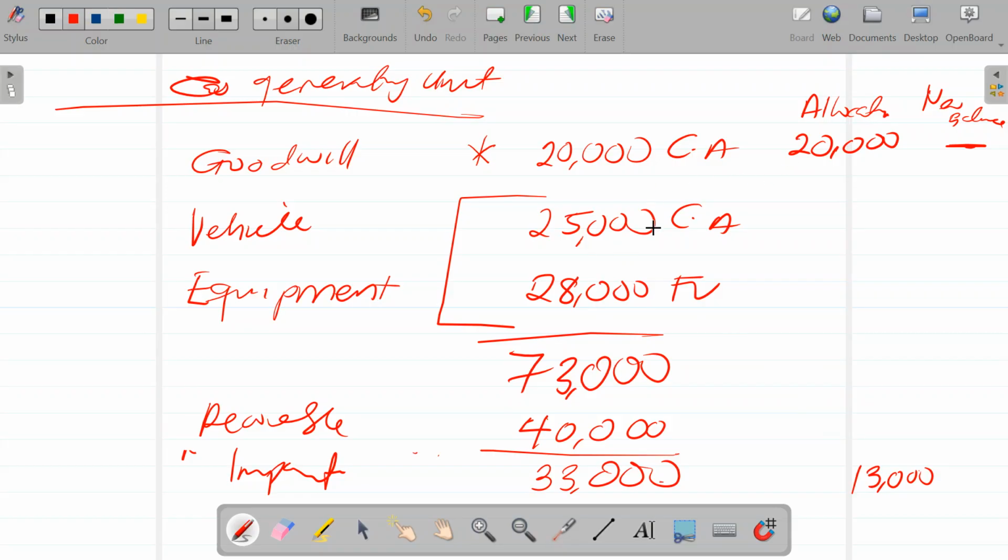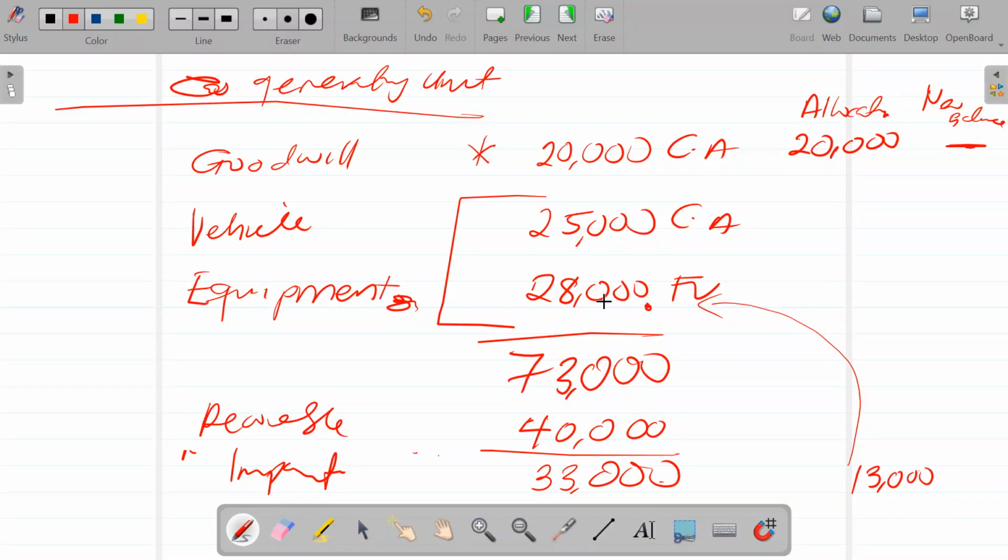The standard says that if any of the assets has a stated fair value, we cannot allocate impairment loss to that asset if the allocation will cause the asset's carrying amount to be less than the fair value.